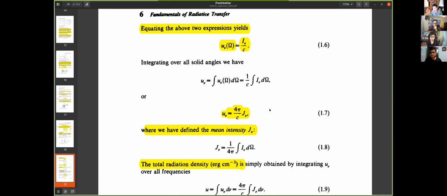It relates the mean specific intensity, which is a very important quantity, with the energy density. So basically the mean intensity is just the same as the energy density, right? It's a very similar quantity. They just differ by constants, okay? So that's a very important fact to bear in mind.